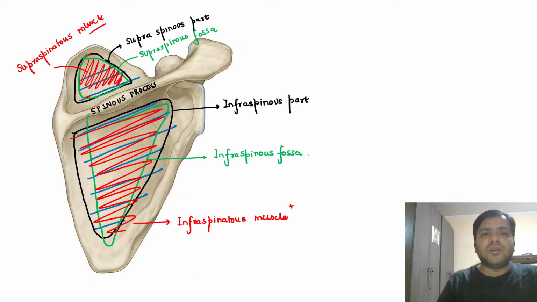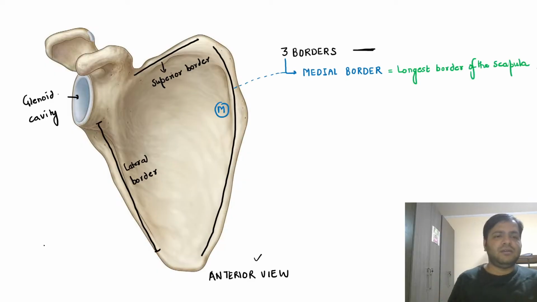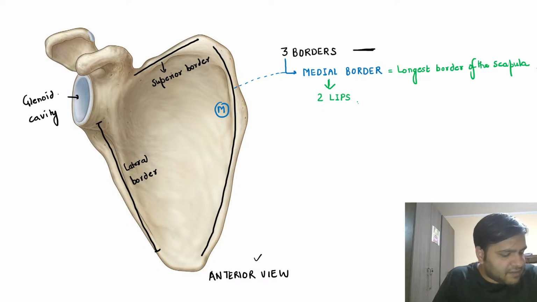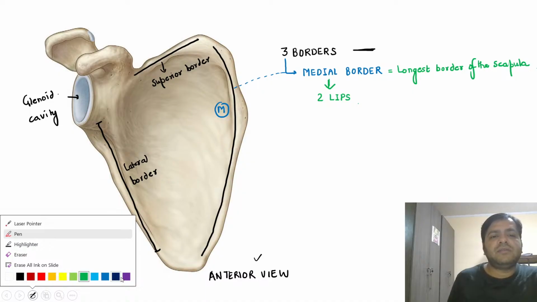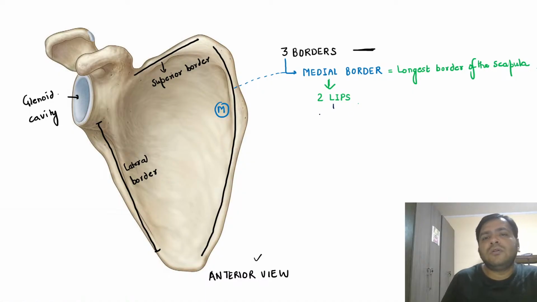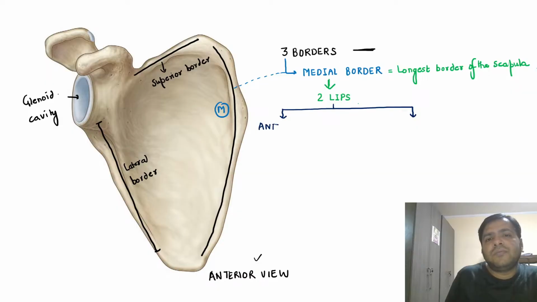So the medial border has two lips, the anterior lip and the posterior lip.